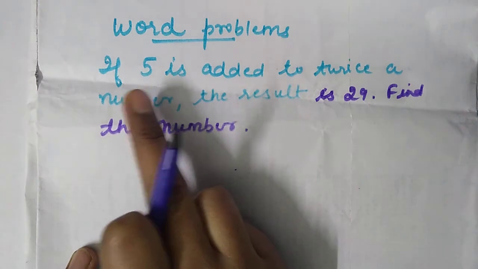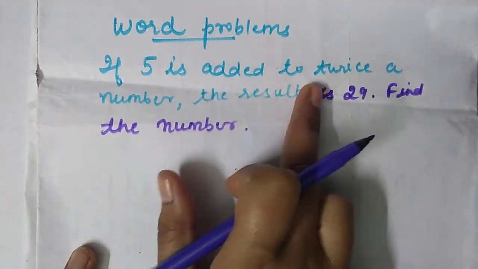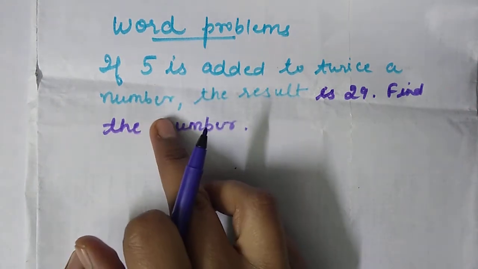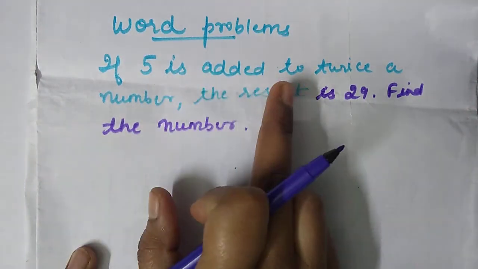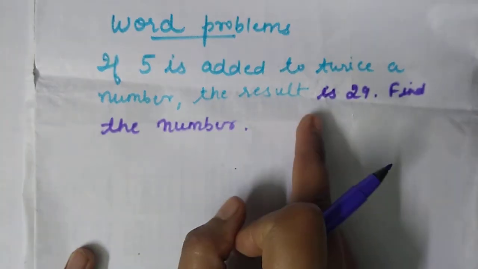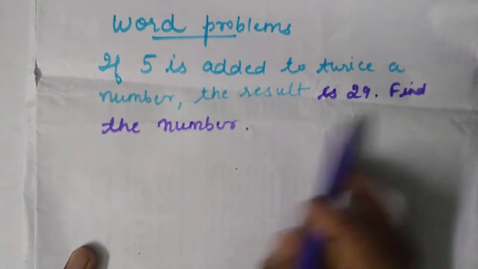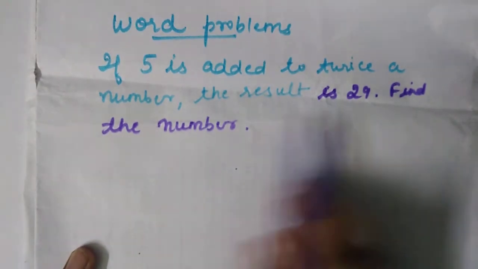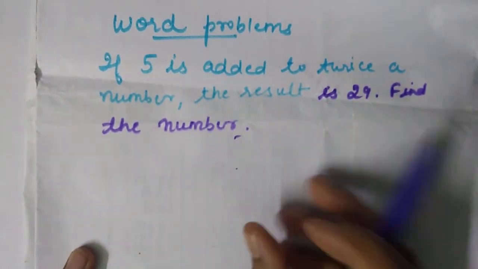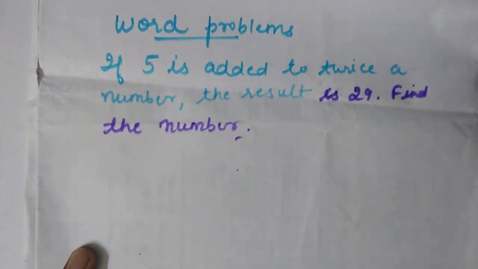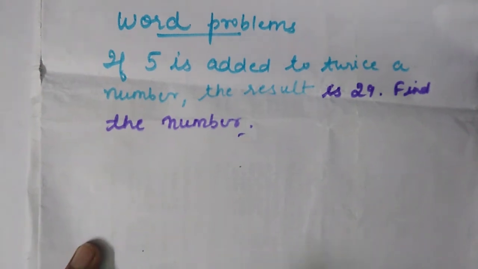Take this word problem: if 5 is added to twice a number, it means we have a number, and 5 is added to twice that number. The result is 29, and we have to find the number. The quantity which you have to find, you have to denote by a letter, or you can say a variable.